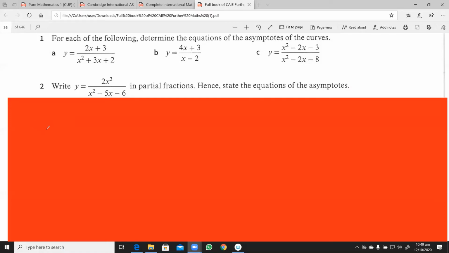Okay. Now the rational functions are mostly discontinuous functions. If I take you back to your O levels, where you learned how to sketch the graph of y equals 1 over x, you must remember that it was like this part over here and this part over here.